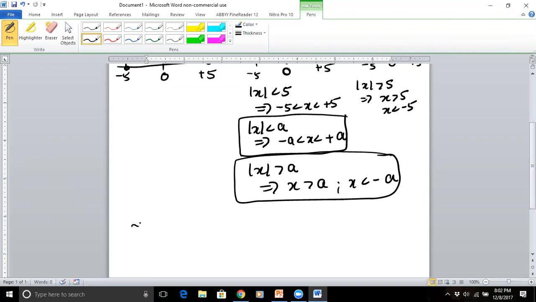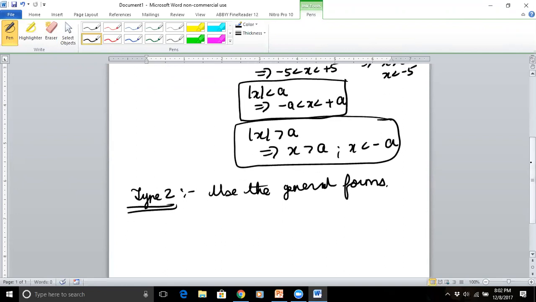So what do you do for type 2? Very simple. Whenever you see a question which falls under type 2, that is mod of something, inequality something, you use the general forms. It's always easier for you to use the general forms. You don't even have to put everything on the number line and work it out. What are the general forms?